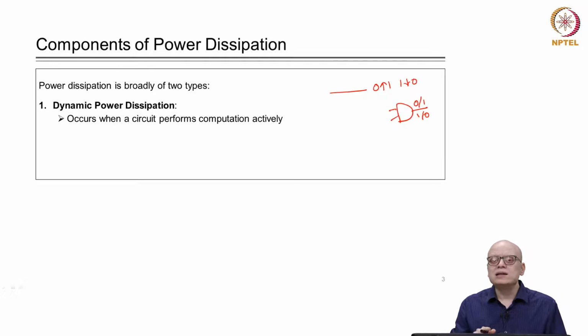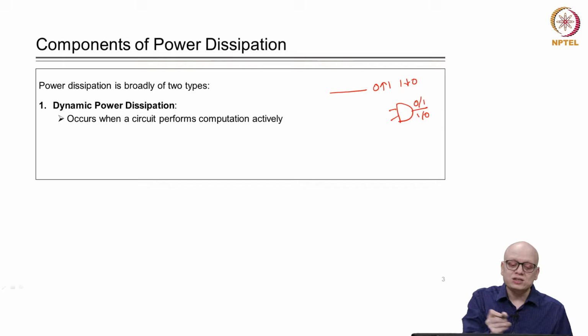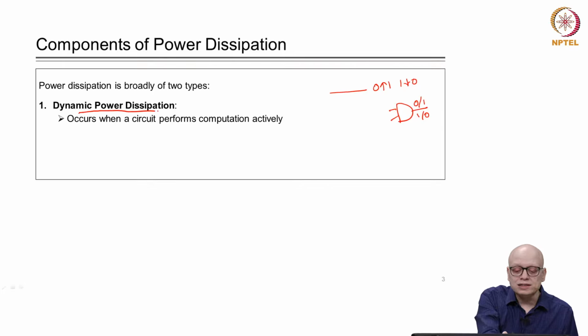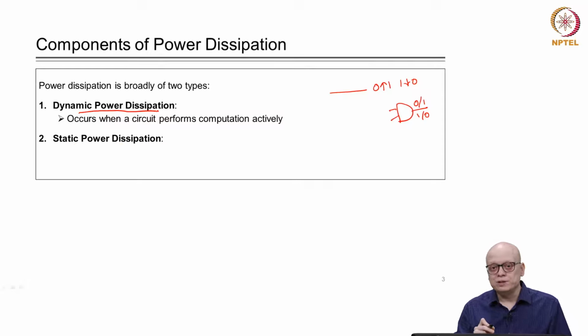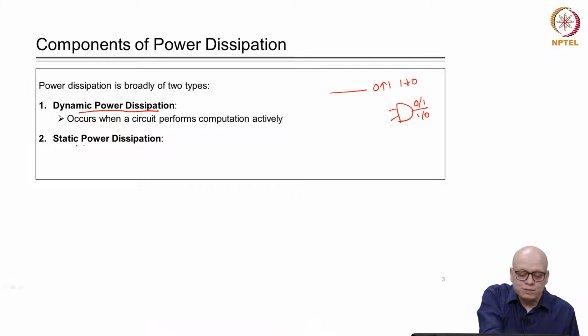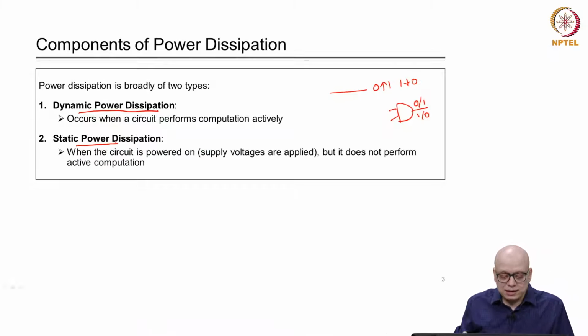So, whenever there are changes in the signal values or the output of the gate is changing, then we say that our circuit is performing computation actively, and the power that is dissipated during this active computation is known as dynamic power dissipation.